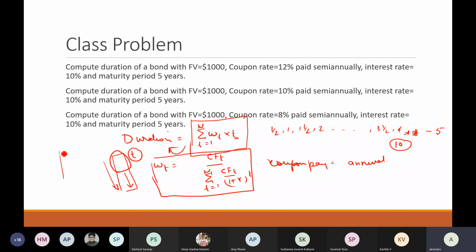Or there could be a scenario where payment is only in the last year. In that kind of bond, maturity will be equal to duration. We will also see this kind of problem, but unless you understand how to calculate it, we won't be able to understand these concepts.